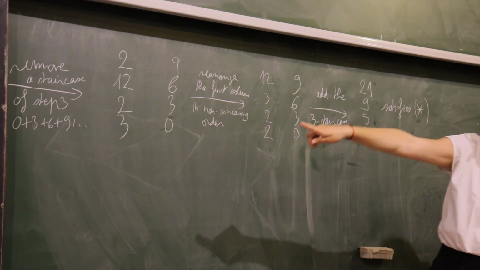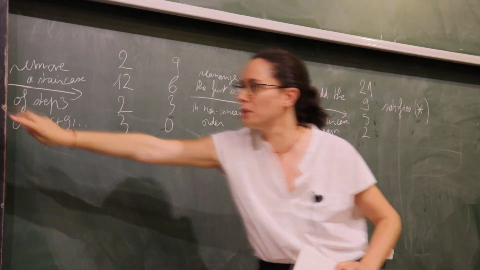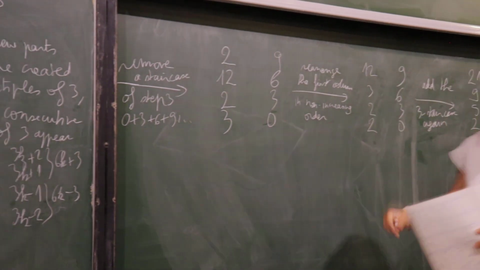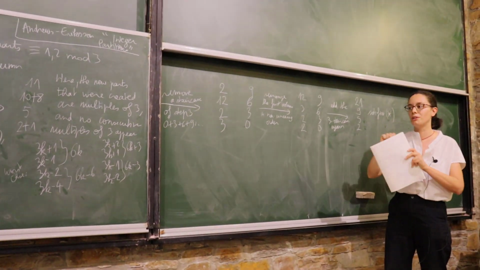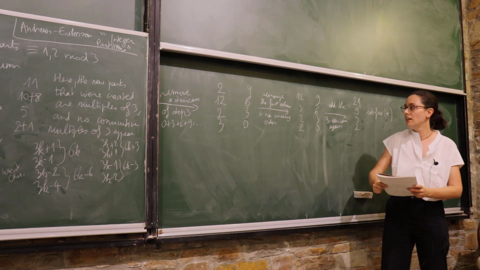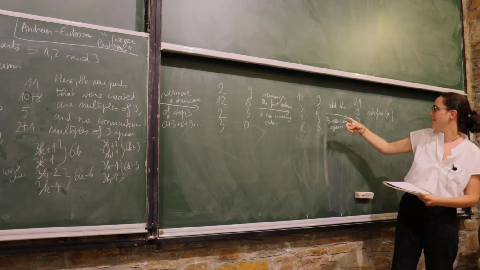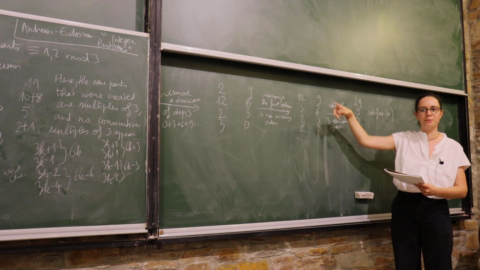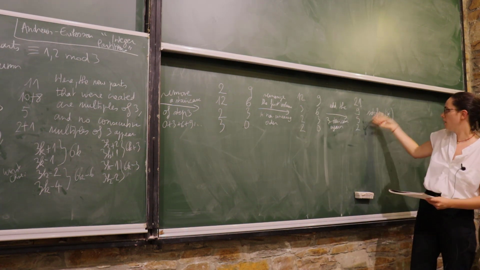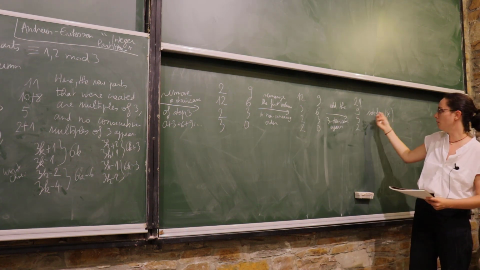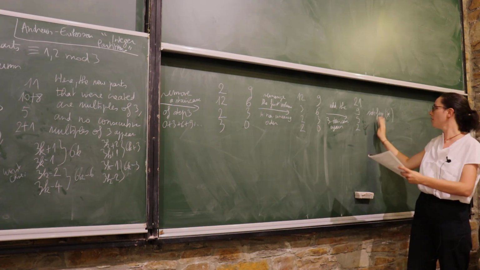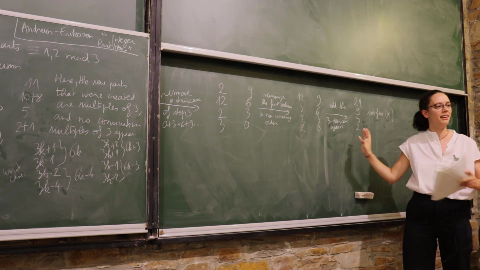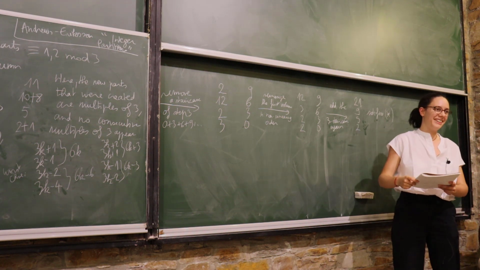And actually, I just said there that among the multiples of 3 that we have created, there were no consecutive ones. So that's still true after you do all these manipulations. When you put your staircase again, you would also not have any consecutive multiples of 3. So these are the two conditions of star, and we are done for this direction.